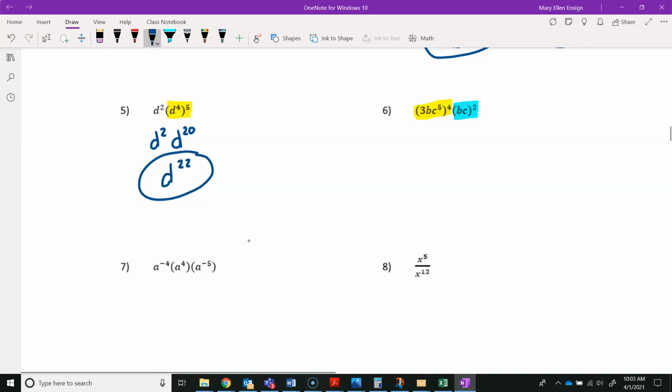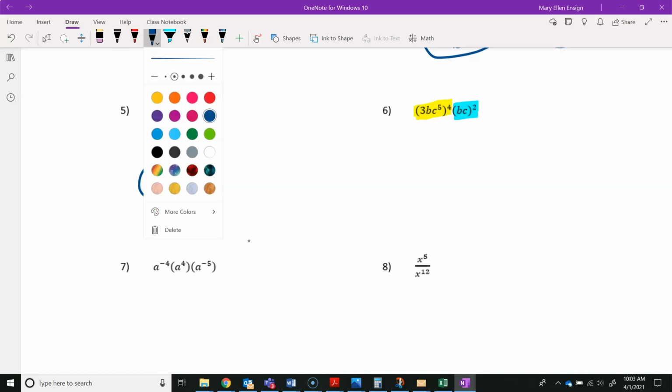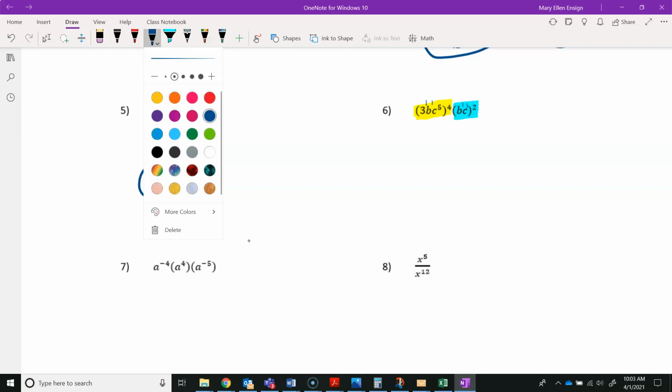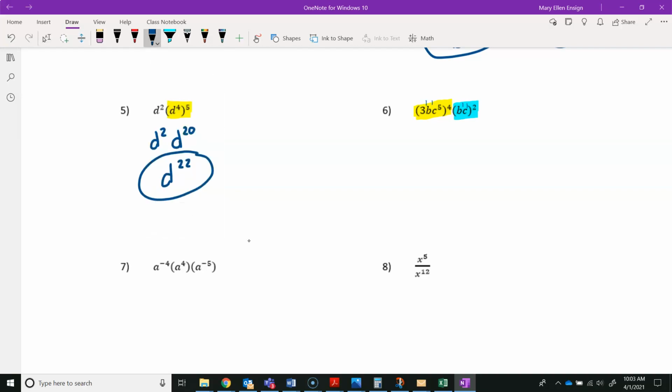Again, I'm going to go through and include a 1 as an exponent for anything that doesn't have it. So that would be the 3 and the b here, the b and the c in the second expression. So now I multiply those exponents. So 3 to the 4th, remember it's not 12, it's not 3 times 4, it's the exponent times 4. B to the 4th, c to the 20th.